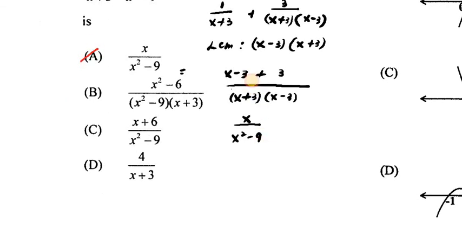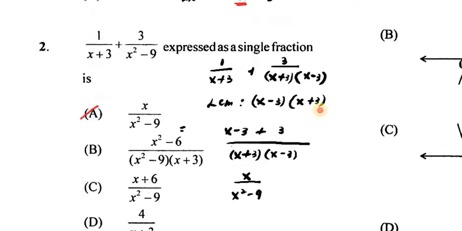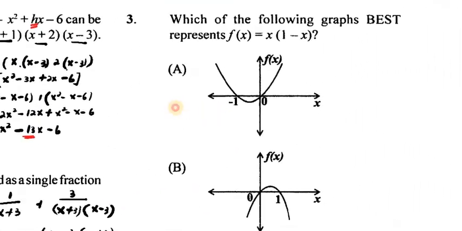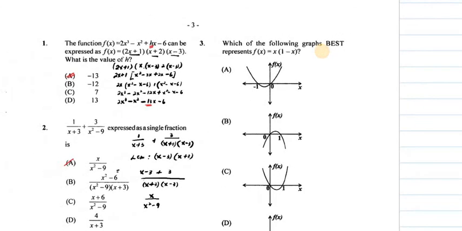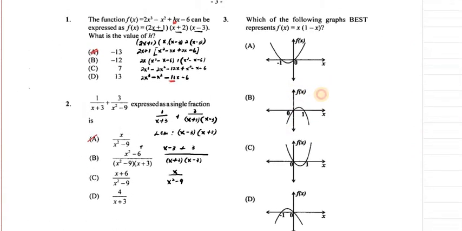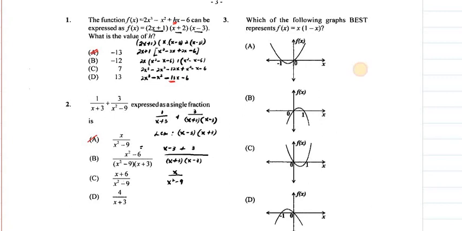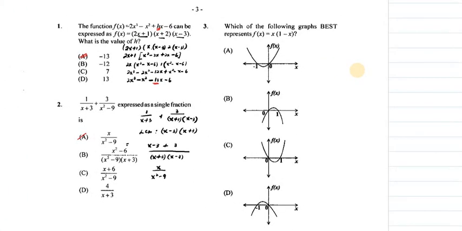Next question, question 3. And we have graphs, 4 graphs to be exact. Right, and the question is, which of the following graphs best represents f of x equal to x multiplied by 1 minus x?